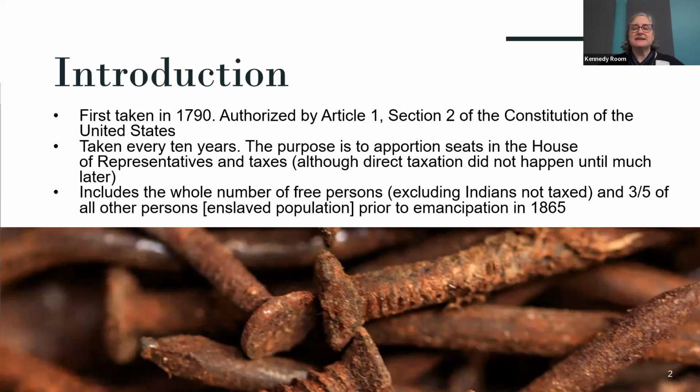Although direct taxation did not happen until much later, the provision allowed for it from the beginning. It does include the whole number of free persons, excluding Indians not taxed, and 3/5 of all other persons, read enslaved population, prior to their emancipation in 1865, and the Constitution was actually amended in 1868.